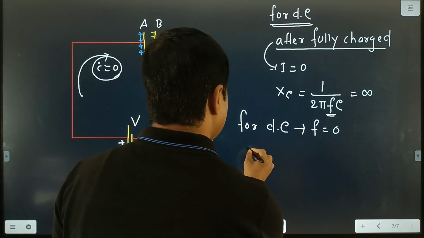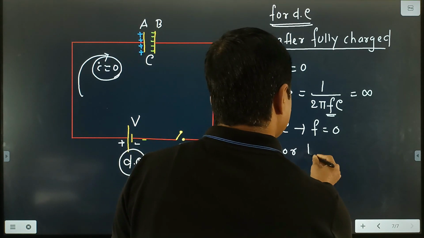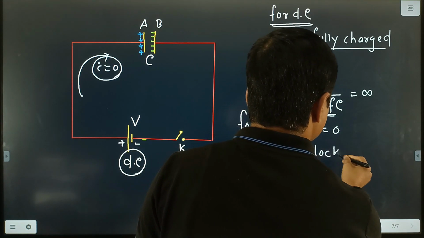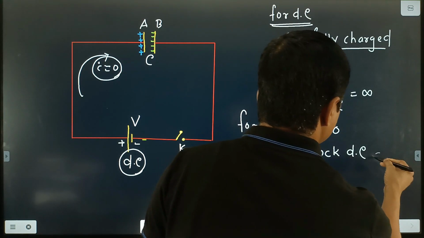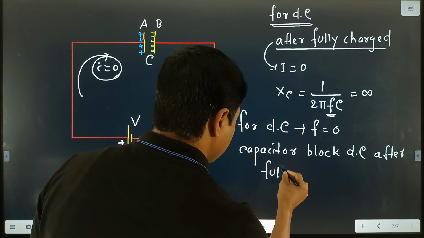Here we write: capacitor blocks direct current after fully charged, not before.